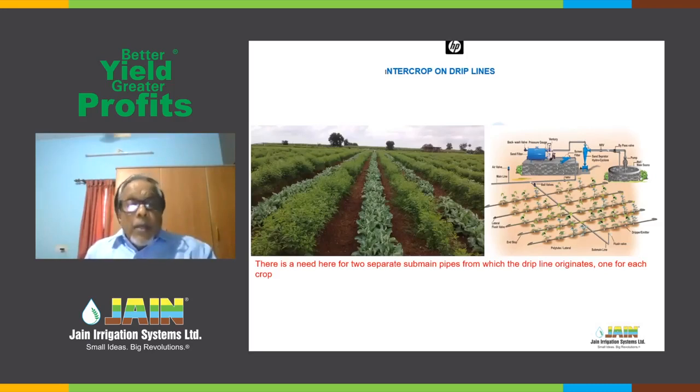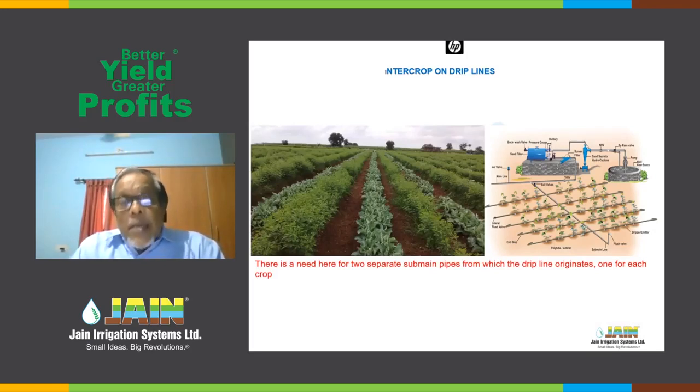So here either two separate submains, or every lateral will have open-close valves at the submain point, so that when you are fertigating pigeon pea, you will close the valves to the laterals of the cabbages.